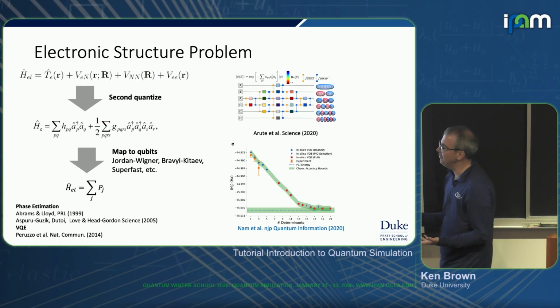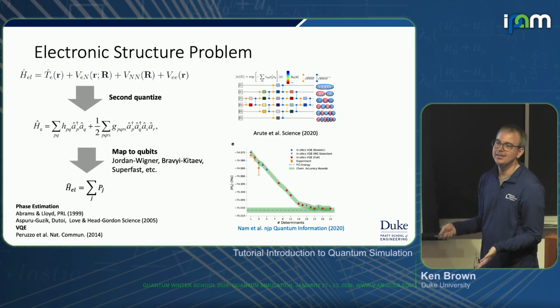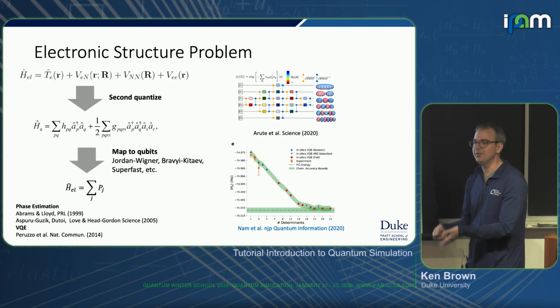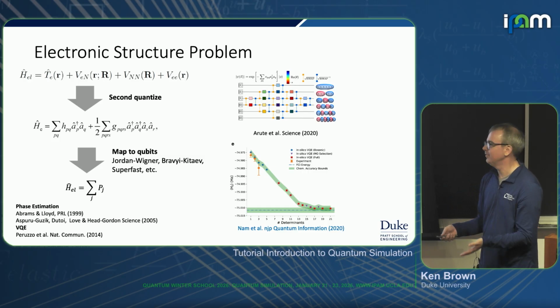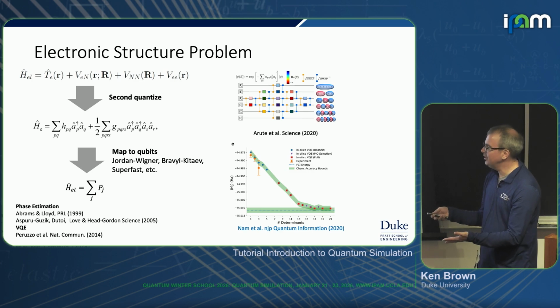Most quantum chemistry calculations for a long time, up until probably the last couple of years, have really focused on the electronic structure problem. So the last lecture of this school is going to be also about the dynamics problem, which is super interesting. And the second quantization, the Jordan-Wigner mapping to Pauli strings, is really all assuming the nuclei are just sitting still.